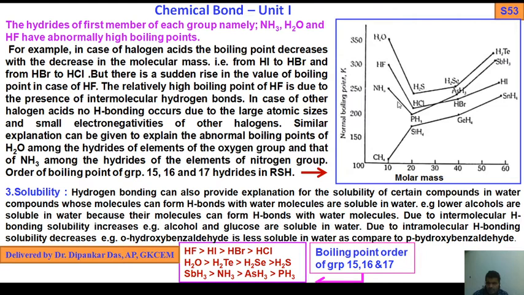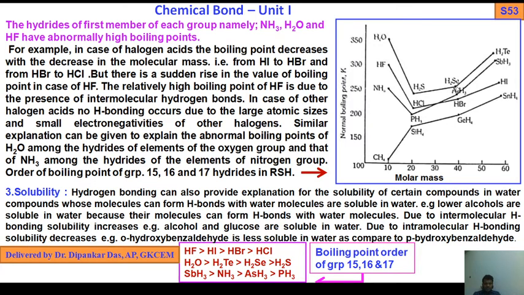First ammonia is high, then PH3 is lower, then the boiling point increases again. Similarly, water is highest, then H2S, H2Se, and then it increases. Why does it increase here? Due to the increase of molecular weight, van der Waals intermolecular forces and surface area increase, and that's why their boiling point also increases.